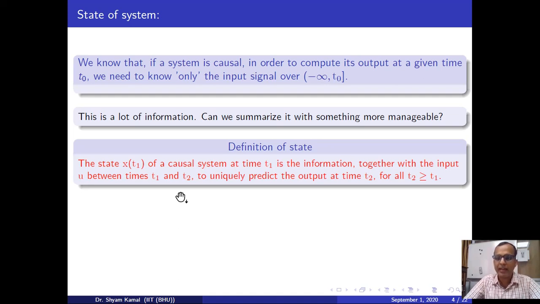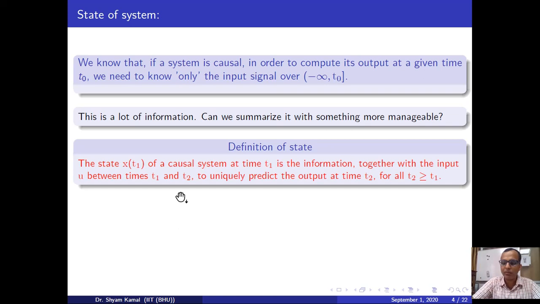So what I have done is, t0 is the time of the experiment that I have defined as t1, and t2 is what I have to predict. So I have to know the output at time t2. Similarly, in the previous integral we have seen that I have to know information from minus infinity to t0.